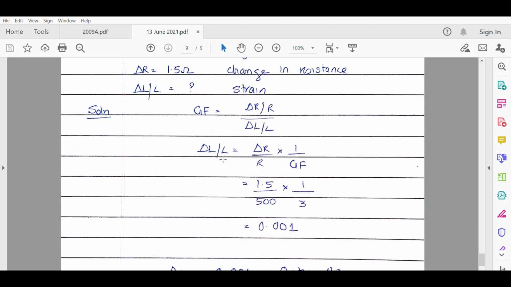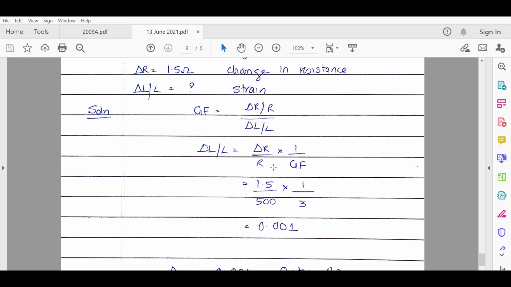Now in order to solve this, we need to write down the expression for gauge factor, which is nothing but the per unit change in resistance divided by the strain. Strain is nothing but the per unit change in length. Now from this formula we will be able to come to this: delta R divided by R into 1 divided by gauge factor is equal to the strain.